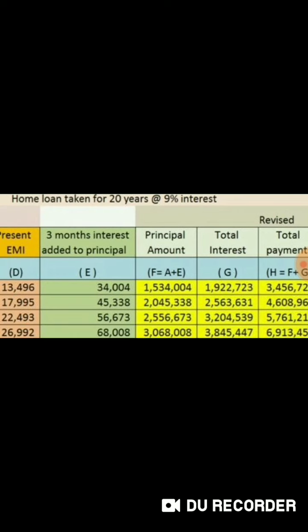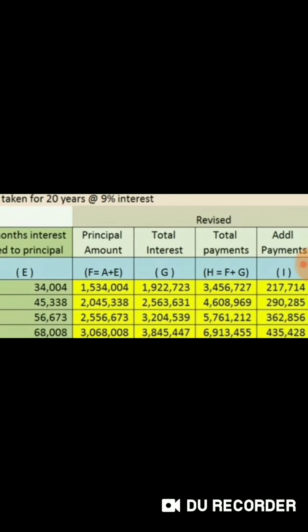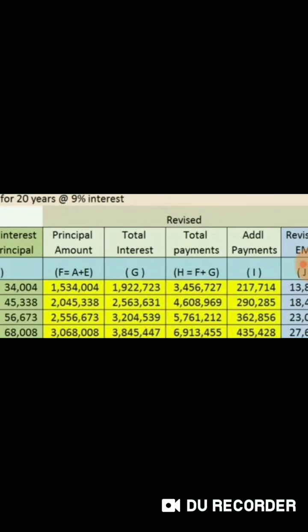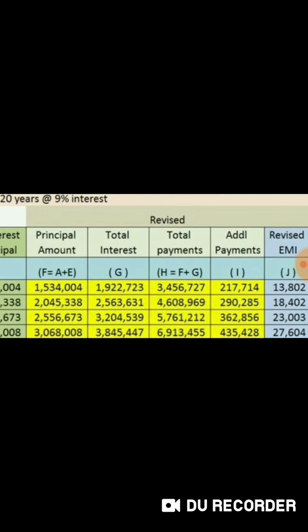Because of this, the total interest you need to pay is more, since the principal amount has also increased, and the total amount you are paying is also more. You are paying 2,17,714 rupees extra if you use this moratorium benefit.